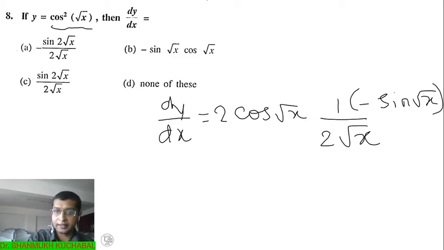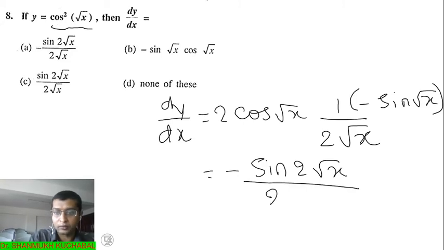So here it is minus, 2 sine a into cos a is sine 2a, sine of 2 root x, whole divided by 2 root x. So option A is the right answer.